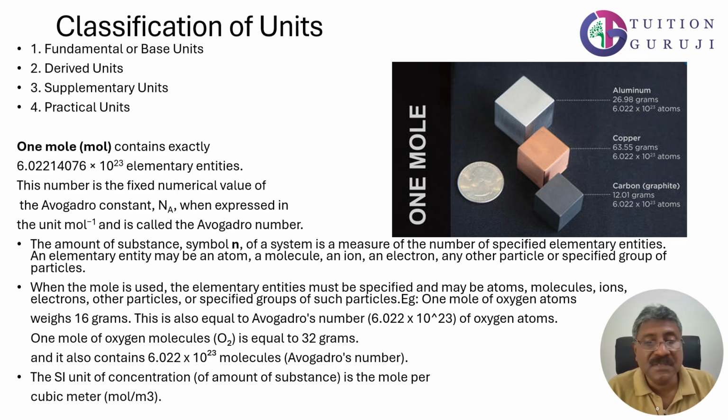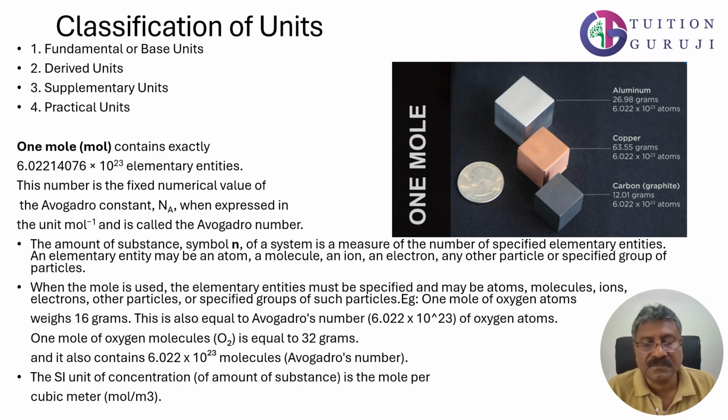The elementary particle can be an atom, an ion, a molecule, an electron, or any other particles, or a specified group of particles. This Avogadro number is the fixed numerical value of the Avogadro constant NA when expressed in the unit of mole raised to -1, and is called the Avogadro number.